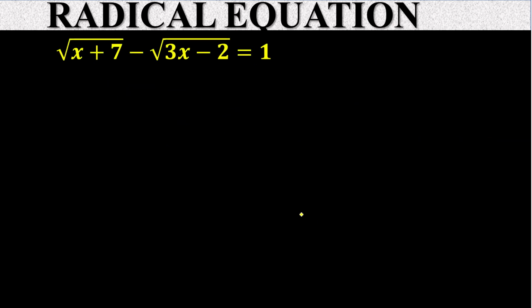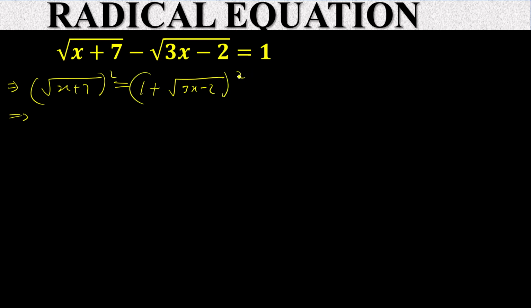So let's consider this example as well. All right. Let me keep this one on my left. So we have root of x plus 7, so let me send this one to the other side: 1 plus root of 3x minus 2. All right. So let's square both sides.